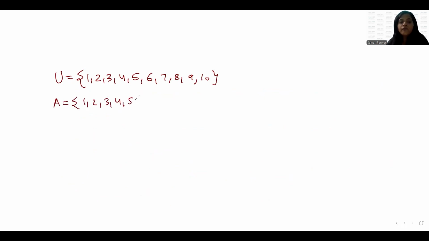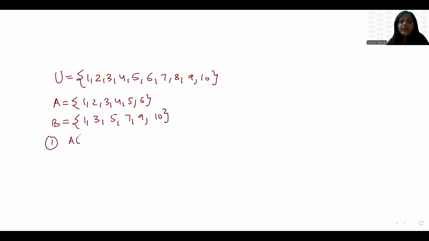So for example, my universal set is 1, 2, 3, 4, 5, 6, 7, 8, 9, 10. My set A is 1, 2, 3, 4, 5, 6. My set B is 1, 3, 5, 7, 9, 10.